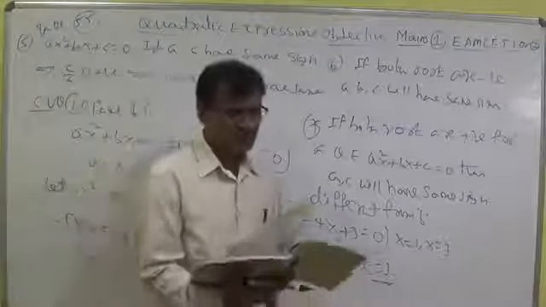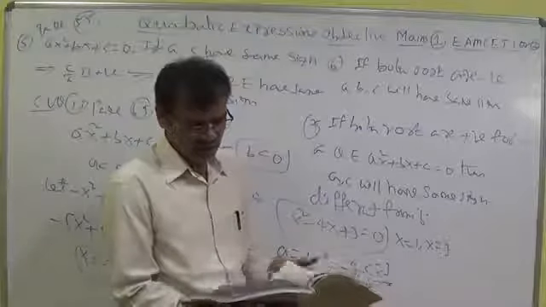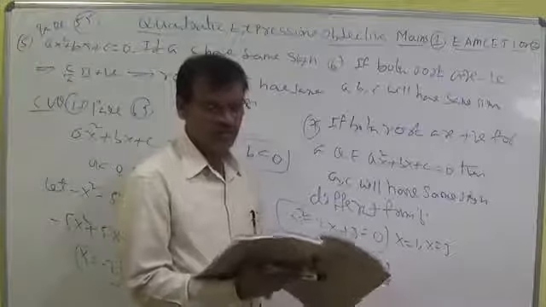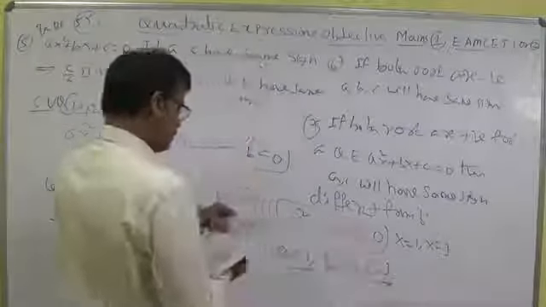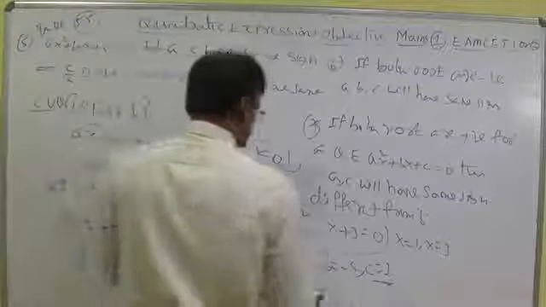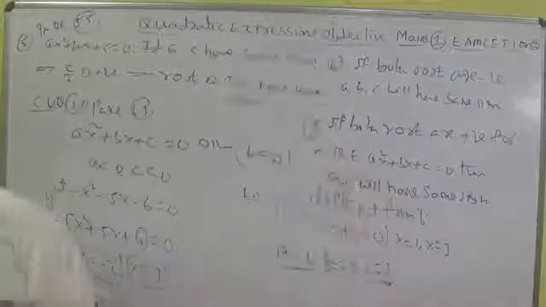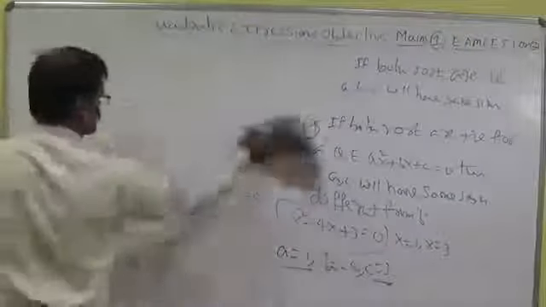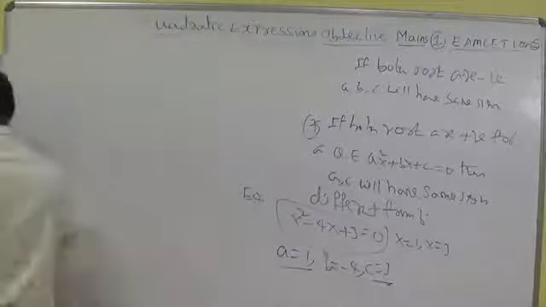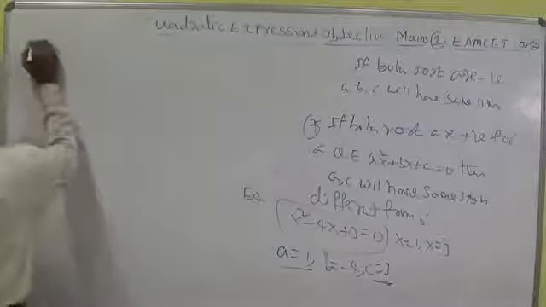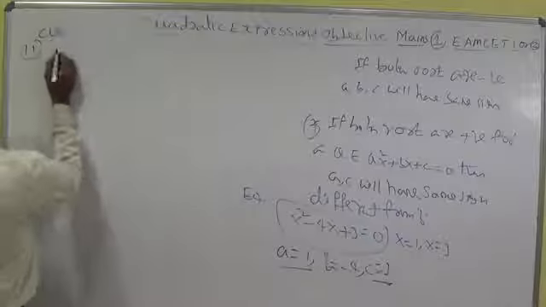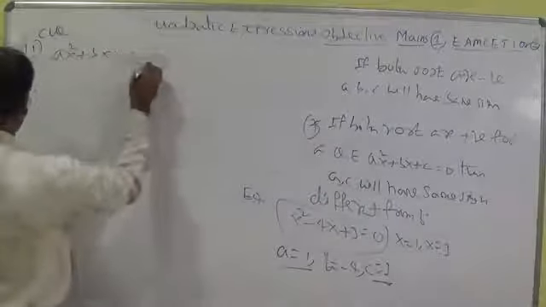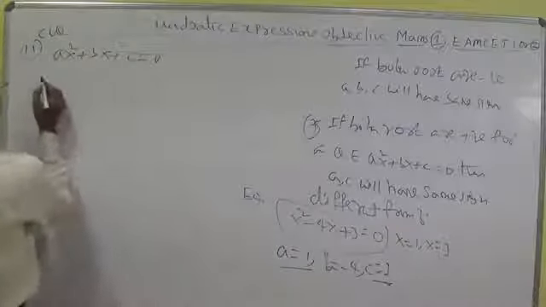Depending upon this, CUQ 11 is there. CUQ are theory bits. CUQ 11, if both roots are positive, he is discussing the same concept. 11th question, CUQ: for the quadratic equation ax² + bx + c = 0, both roots are positive.